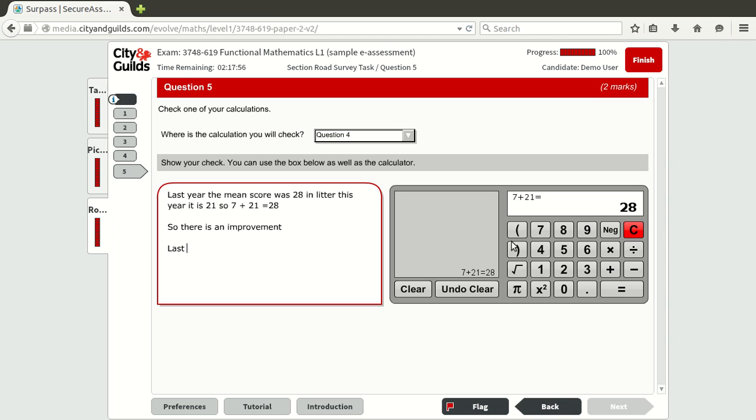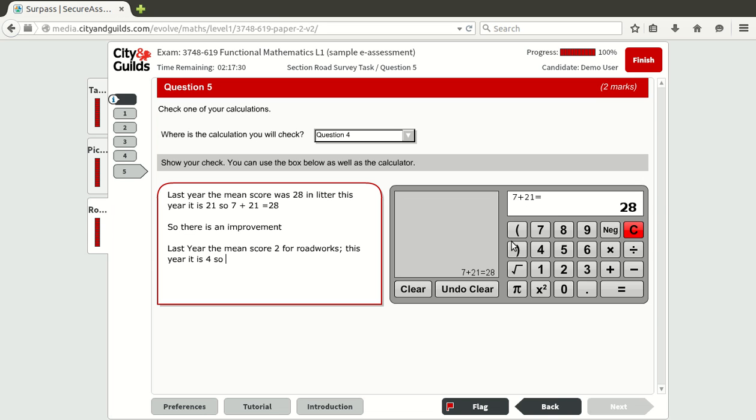Last year the mean score was 2 for roadworks. This year it is 4.